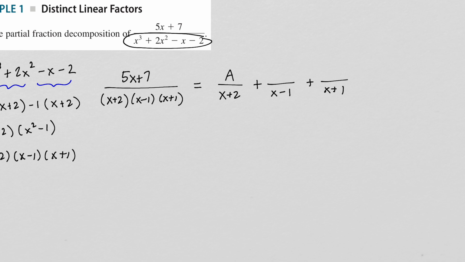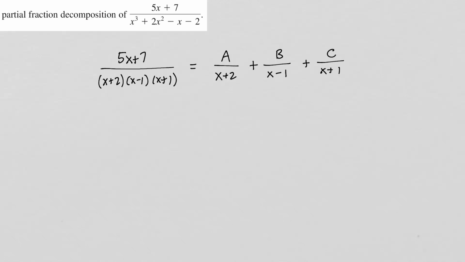The numerators are all unknown constants, which I choose to call a, b, and c. The next step is to multiply both sides by the least common denominator, which means multiplying by all 3 of these factors on both sides, and on the right-hand side we have to be sure to distribute that to all 3 terms.